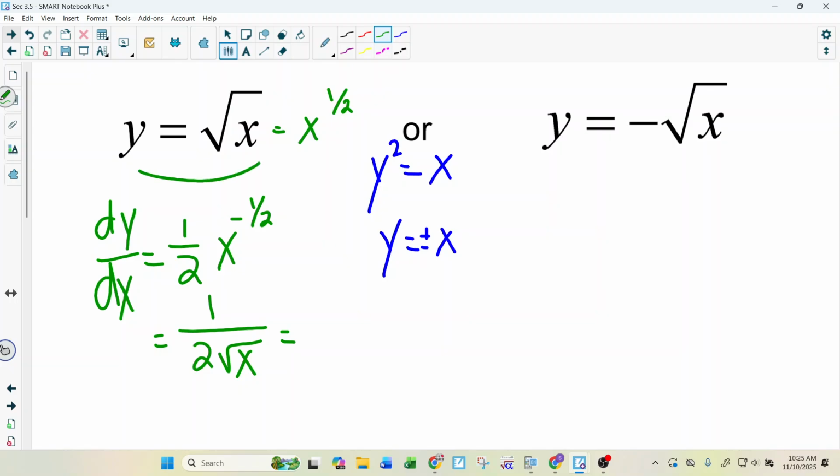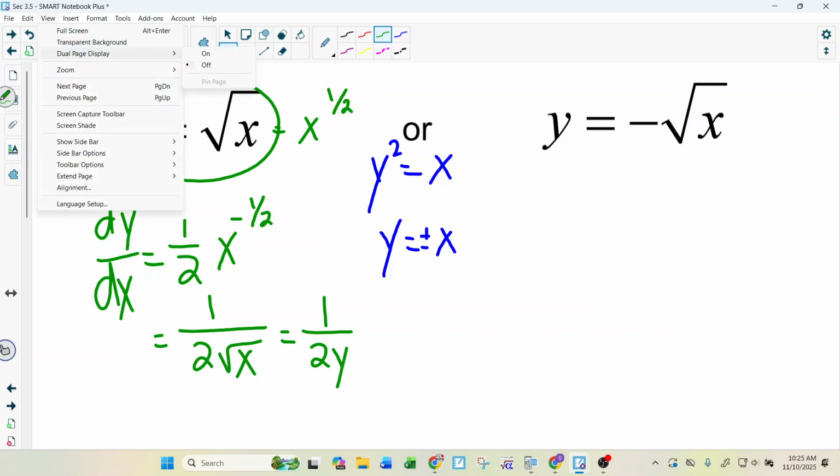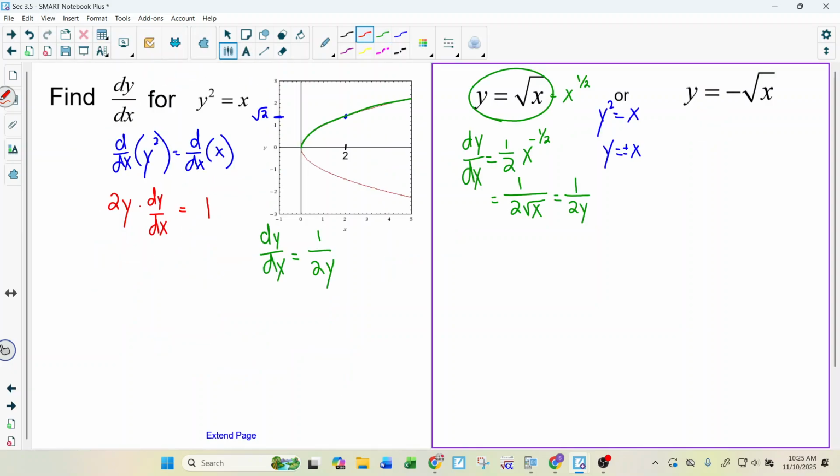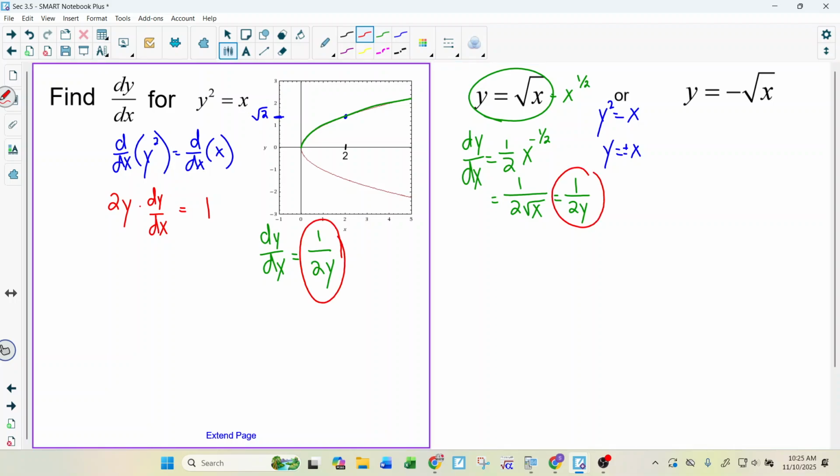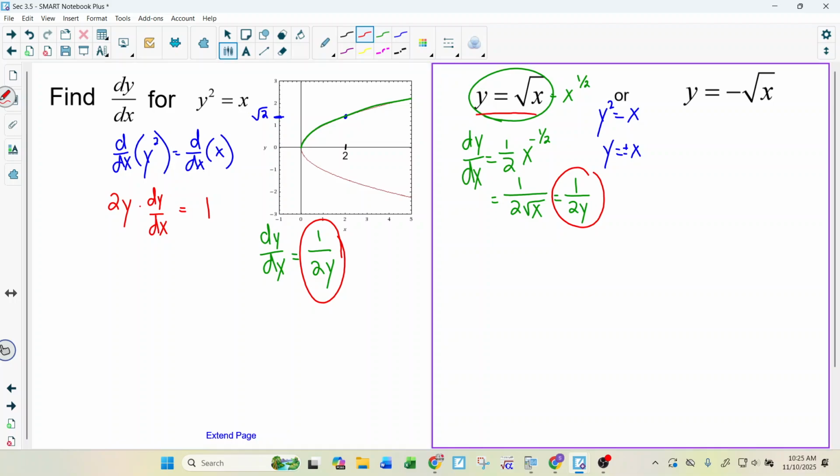Square root of x is equal to y, which gives me that. So you can kind of see I got the same thing two different ways. This works when I can solve it for y. Usually you can't solve it for y. That's unusual that you can solve it for y.